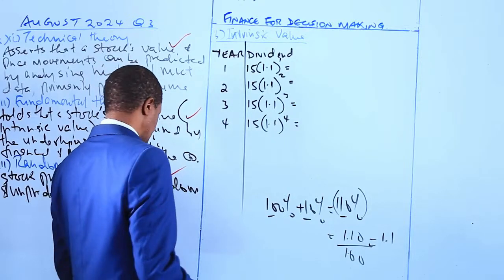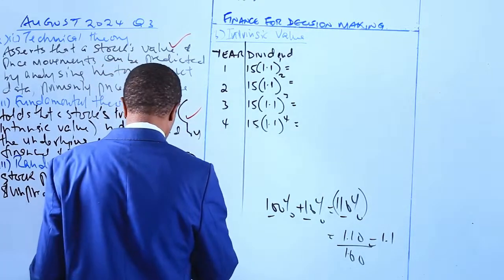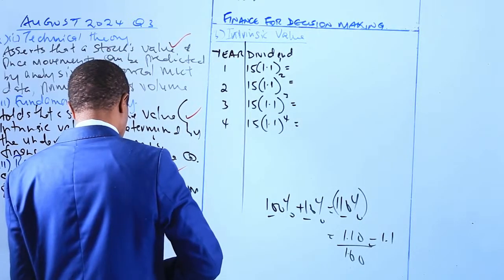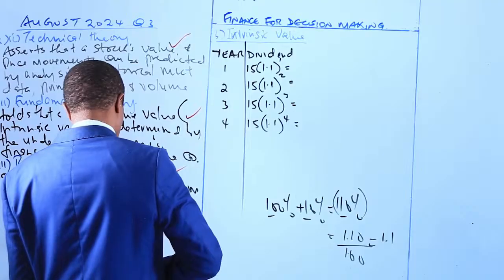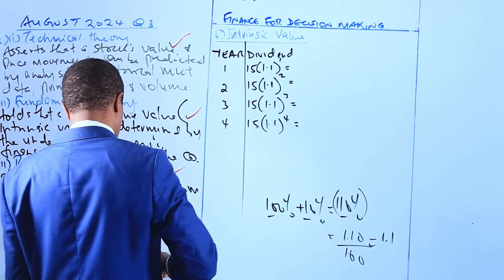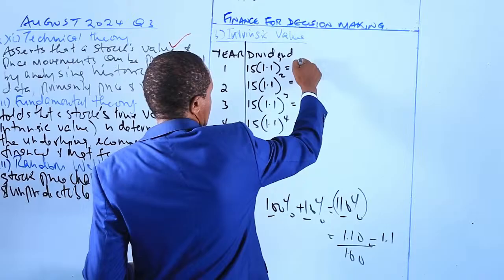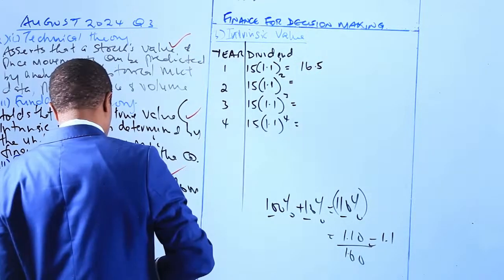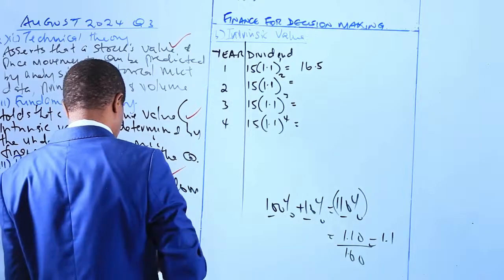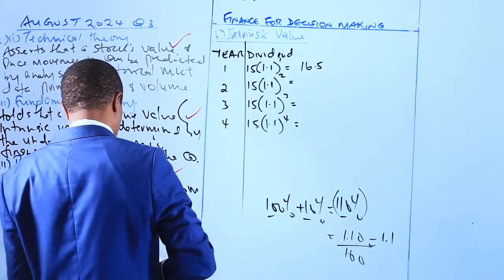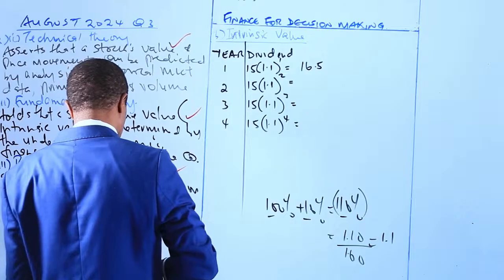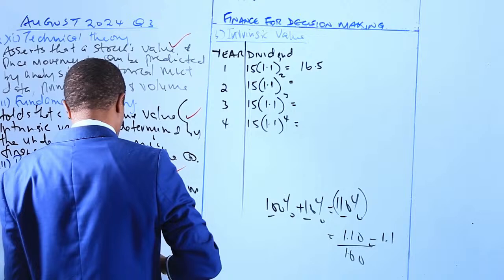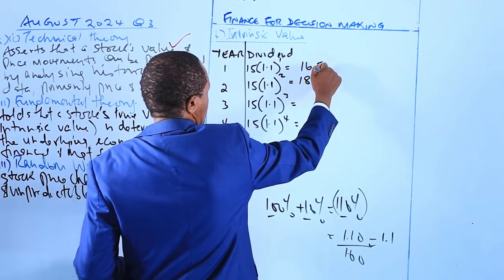So I'll take my calculator and grow the dividend. That will be 15 times 1.1. I'm getting here 16.5. Then I have 15 times 1.1 raised to 2, which is 18.15.